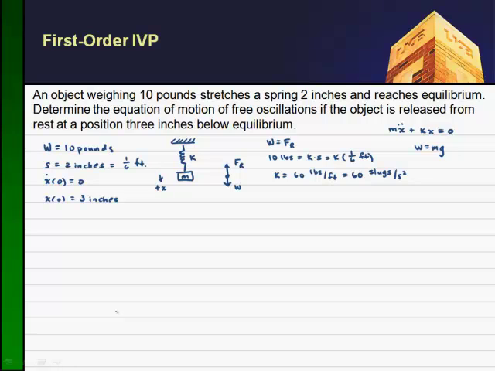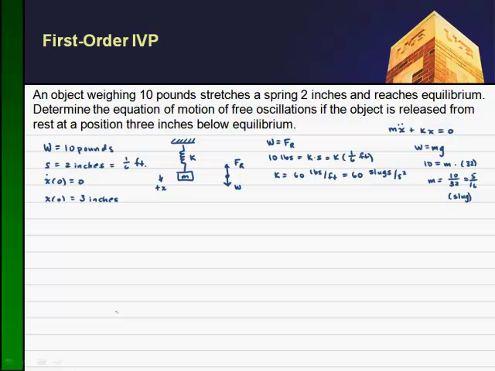The weight in this case is 10 pounds, so 10 equals the mass, which I don't know, times the gravitational pull in the English system, 32 feet per second squared. So I get a mass of 10 over 32, or 5/16 of a slug. So I pretty much have everything I need now to put into my equation.